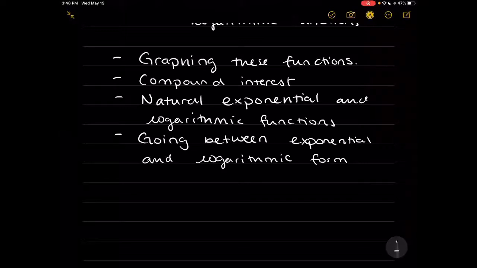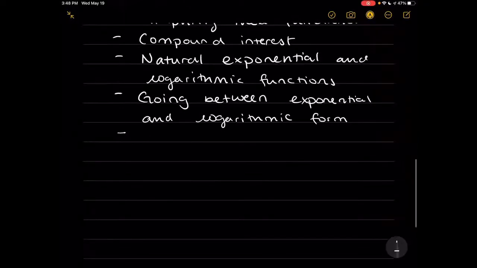And then lastly, we finish off that chapter by talking about solving exponential and logarithmic equations.